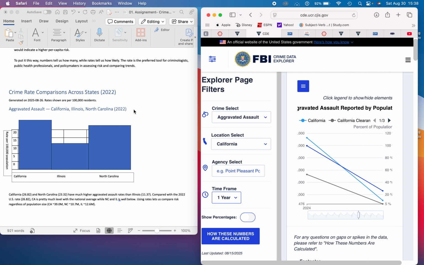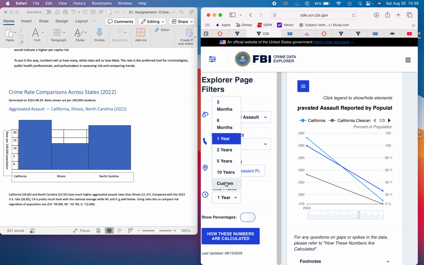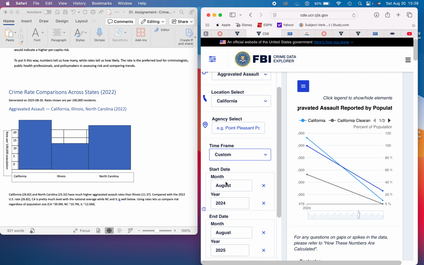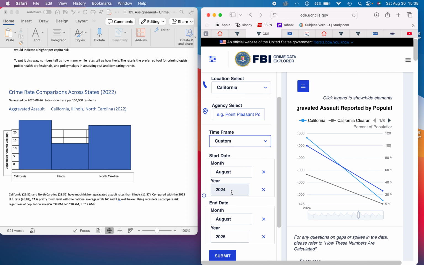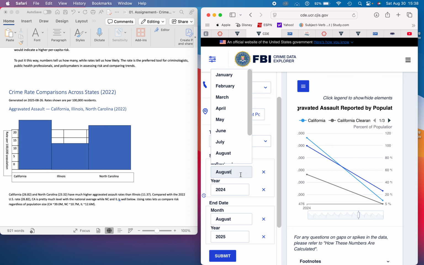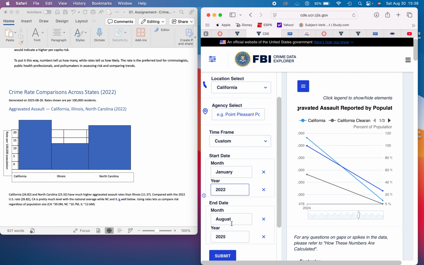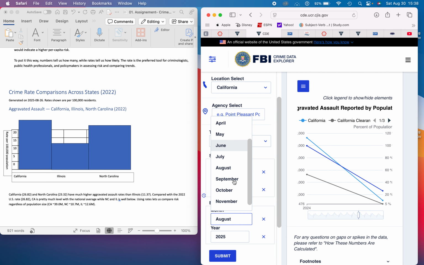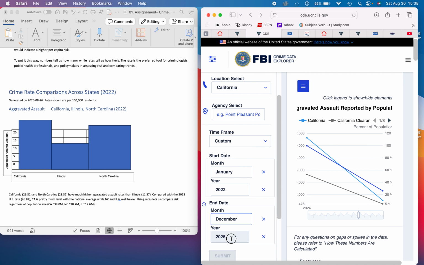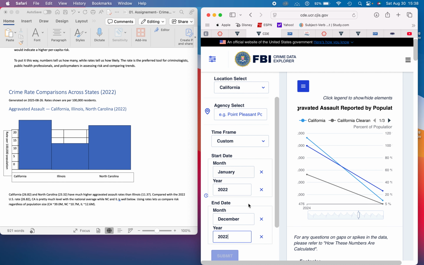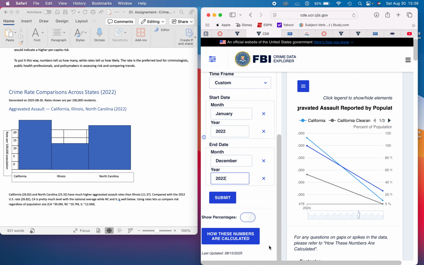So I have 2022. So in that case, I'm gonna custom it. It's gonna be January 2022 until December 2022, and that's how we get the numbers.